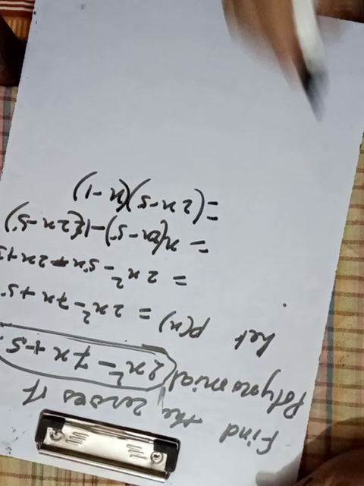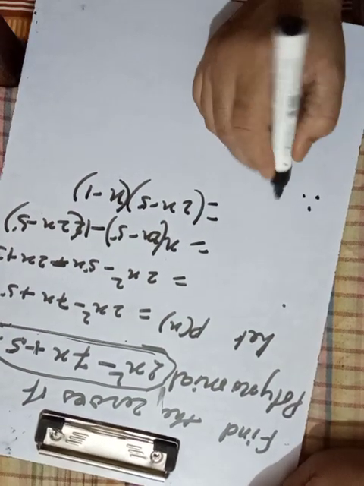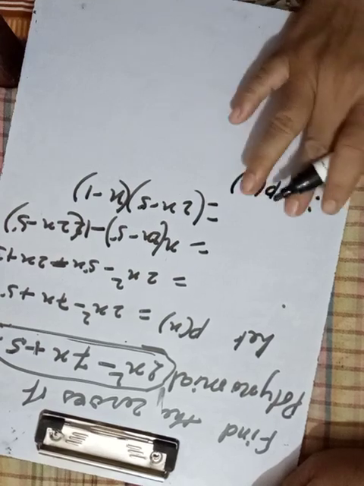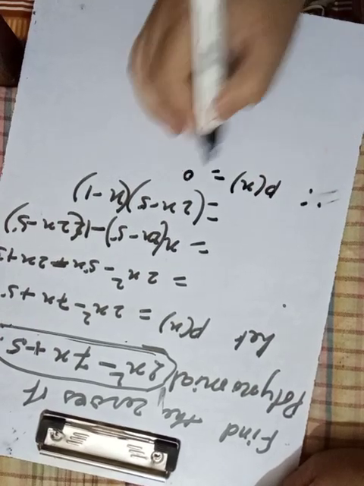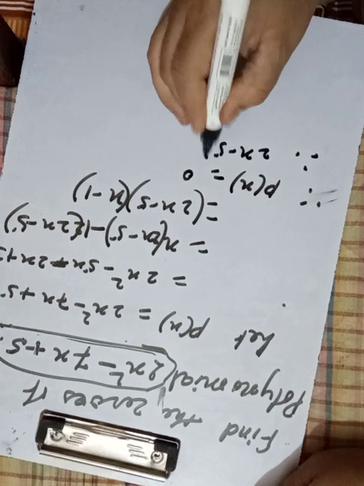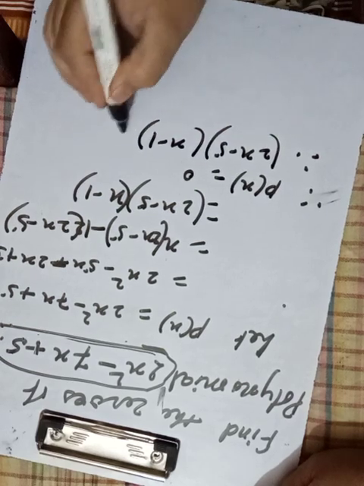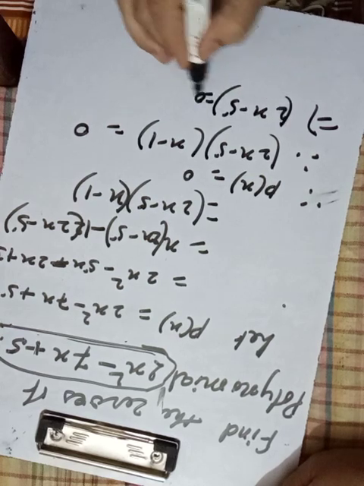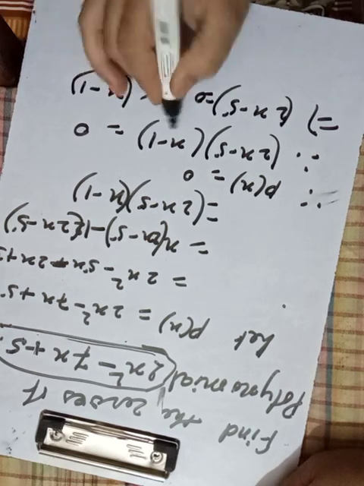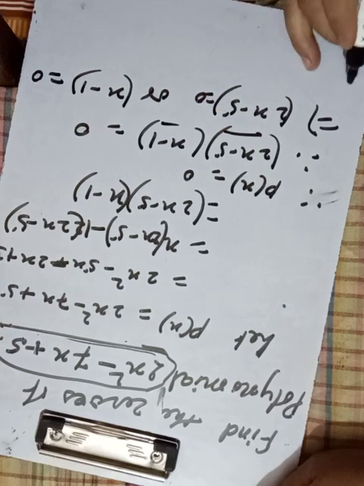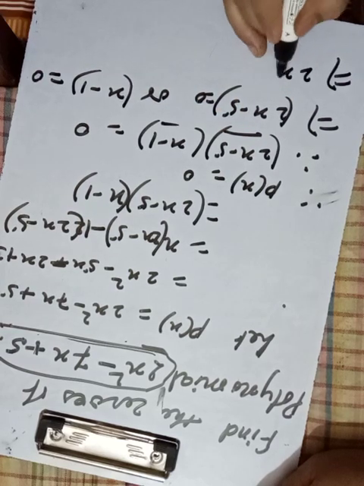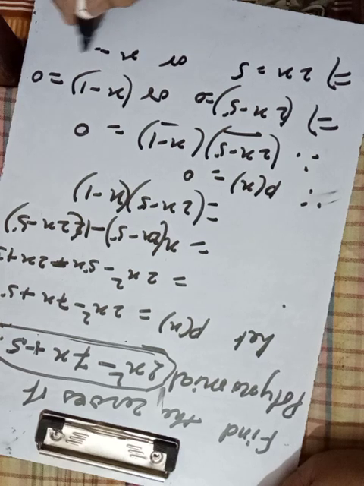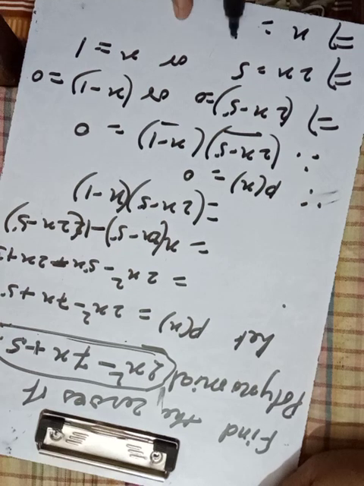Hence p(x) is equal to 0. Since p(x) is equal to 0, therefore 2x minus 5 into x minus 1 is equal to 0. Therefore 2x minus 5 is equal to 0 or x minus 1 is equal to 0, either of the two will be 0. Therefore 2x is equal to 5 or x is equal to 1. Finally we get x is equal to 5 by 2 or x is equal to 1.